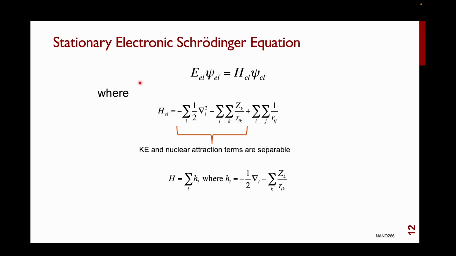So for the stationary electronic Schrodinger equation, you have just the electron-specific terms: the kinetic energy of your electrons, the attraction between your nuclei and your electrons, and the repulsion between electrons and electrons.